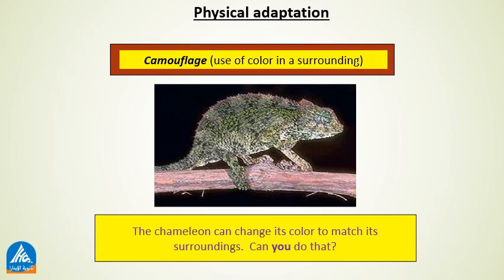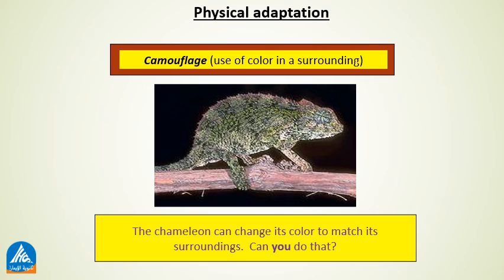So, to sum up, adaptations are characteristics that help animals to survive in their environment. There are many kinds of adaptations. We have adaptations for moving, like the fins of the fish that help it to swim, and the wings of the bird that allow it to fly.